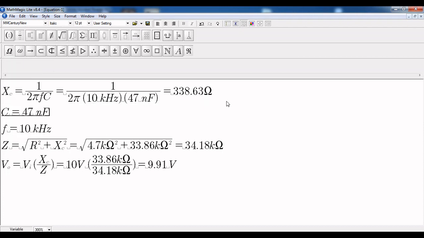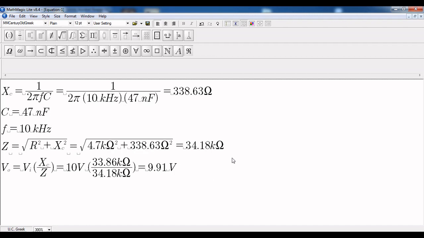Nice. Then we can recompute the R squared with the X sub C squared. R squared is still the same. I just have to change the other one. It's now 338.63. Then I'll be recomputing this.